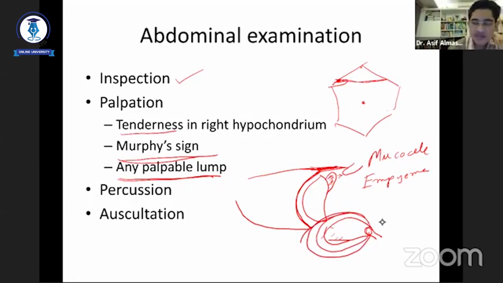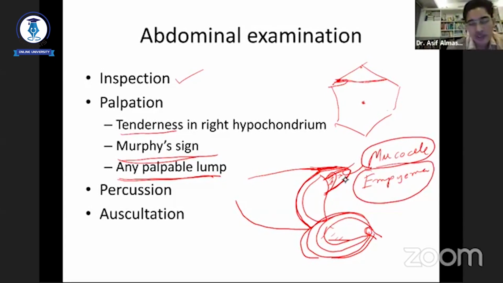Distends. And sometimes when the gallbladder distends so much that it reaches the lower edge of the costal margin, you may be able to palpate the gallbladder as well. So if this is a painless palpable lump, that means it's a mucocele. If it's a painful palpable lump, it should be an empyema.